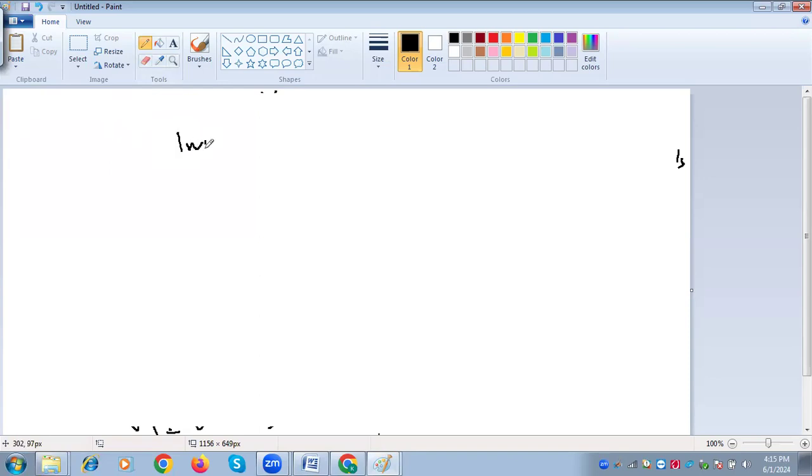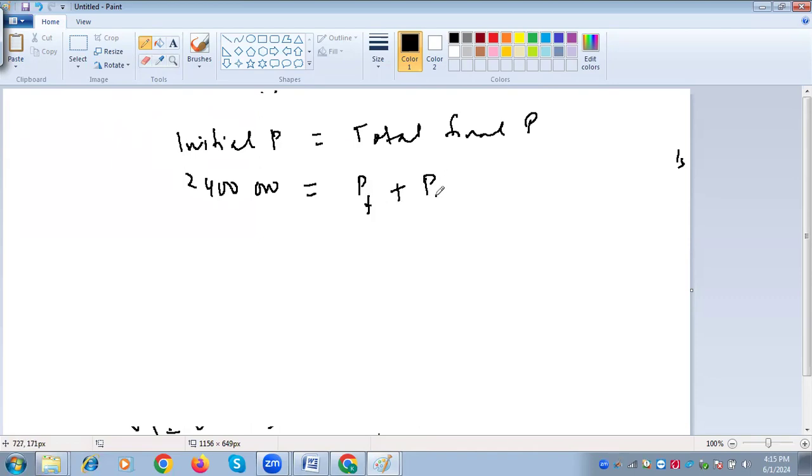Initial momentum is equal to total final P. Okay. So 2,400,000 is equal to momentum of the front part plus P of the rear part.